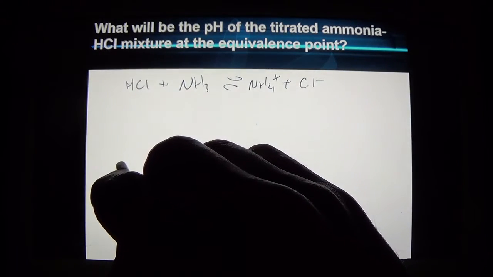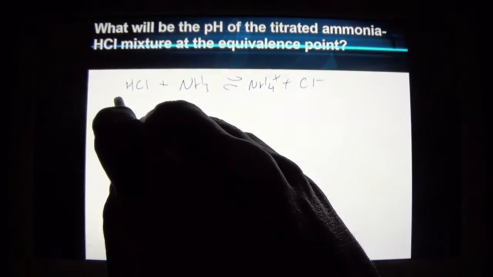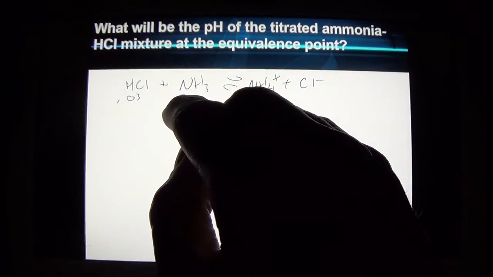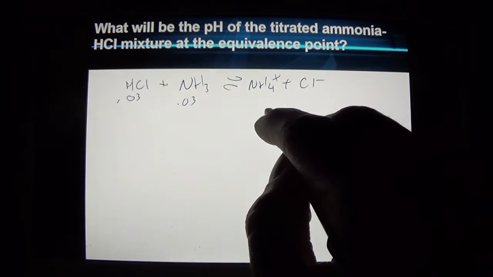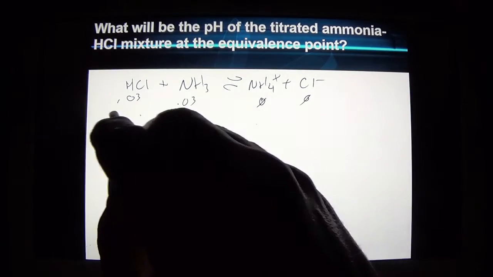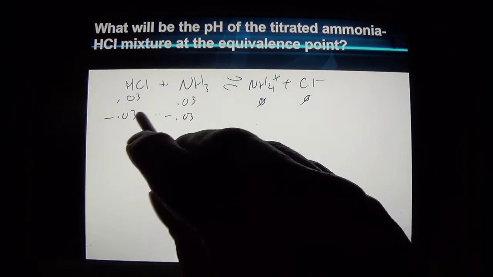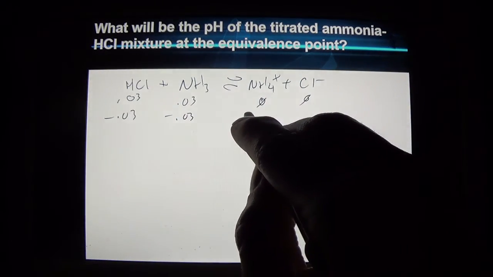Now first off, we're doing a dilution. So I'm going to work in moles. So I'm going to take the numbers from before and I'm going to work in moles. So 0.03 moles and 0.03 moles and 0 and 0. And it's a 1-to-1 ratio, and so I lose 0.03 moles, I lose 0.03 moles. Well, that's good because we've neutralized. We've done a 1-to-1, 1-to-1 ratio. We've canceled it all out.